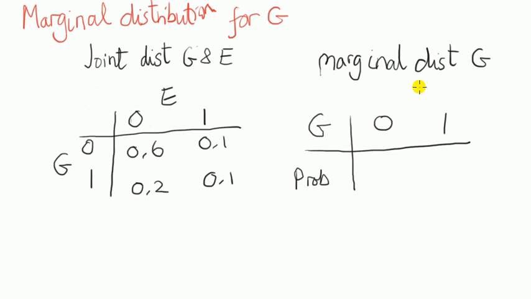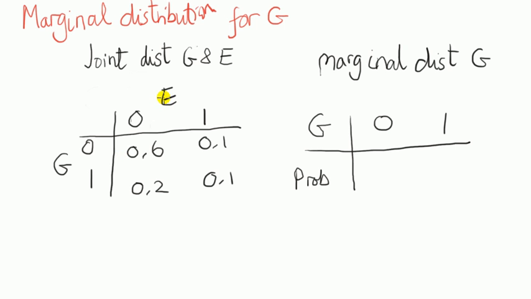First of all, for the marginal distribution of G, write down the possible outcomes. Well, we know that G can be 0 or 1, so we write down 0 or 1. Now we have to calculate the chances of these happening. What's the chance that G is 0, irrespective of what E is?